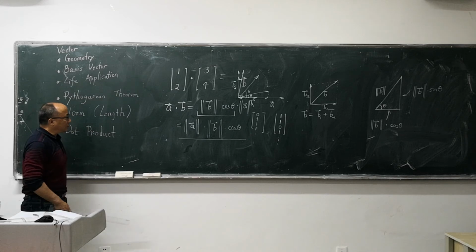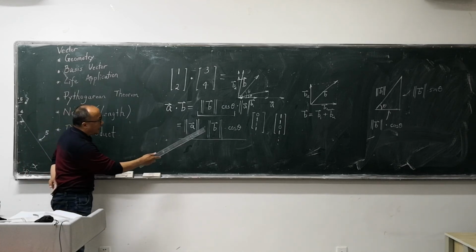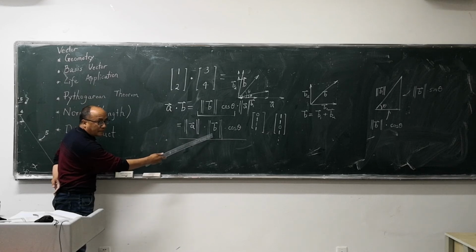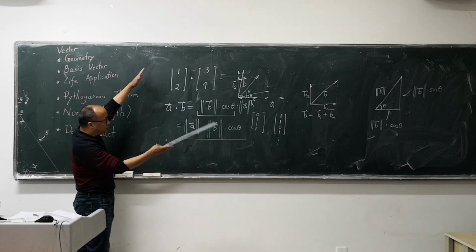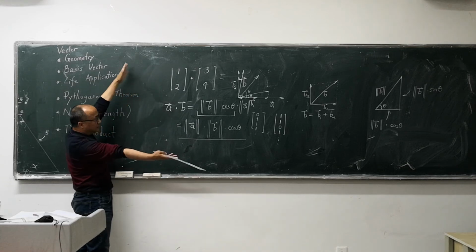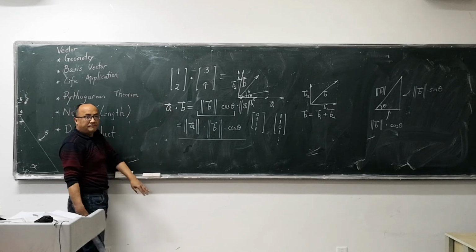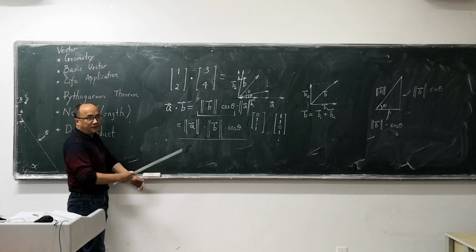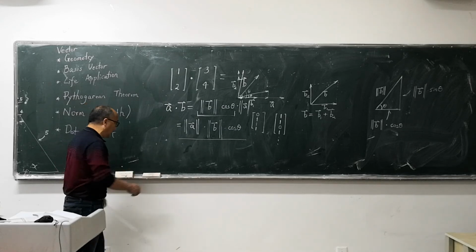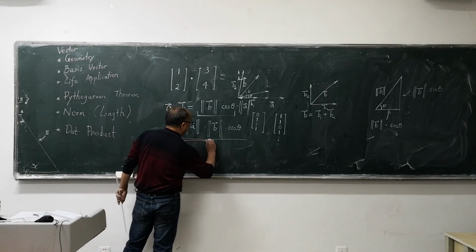So the dot product is this one's length times this one's length times cosine theta. Theta is the angle between the two. This is the formula. You need to write it down. This is the dot product formula.